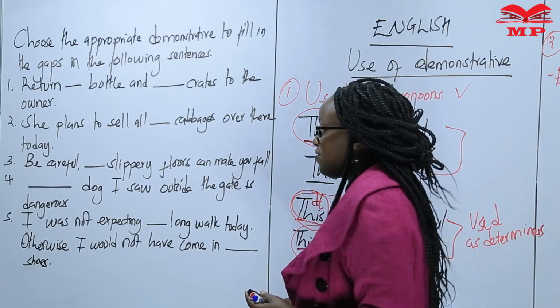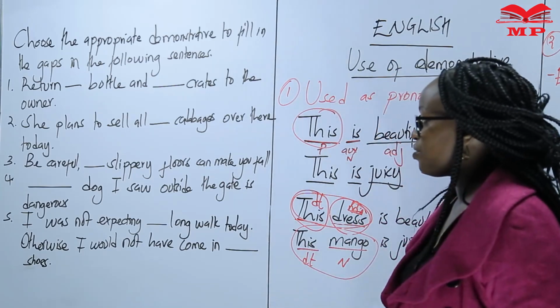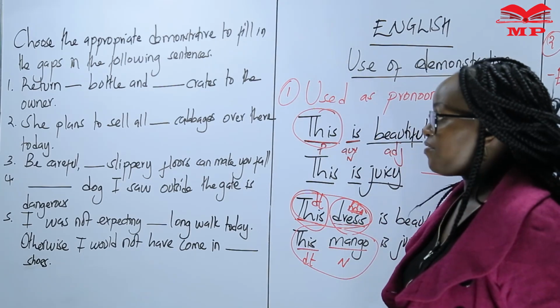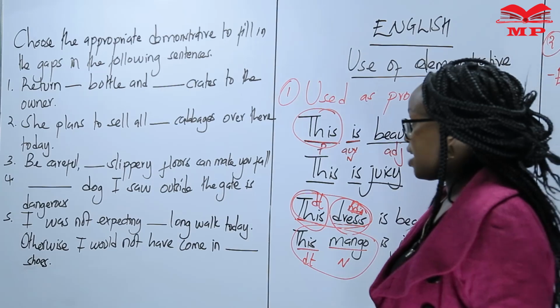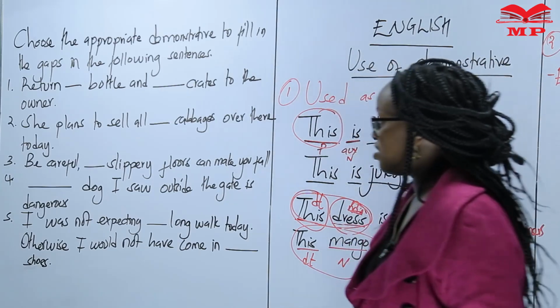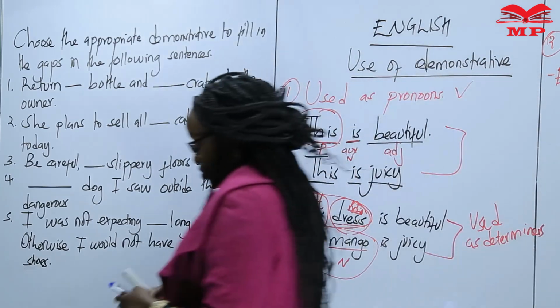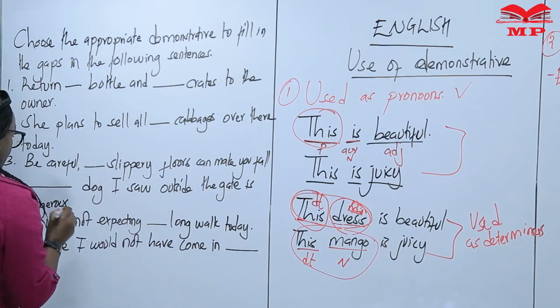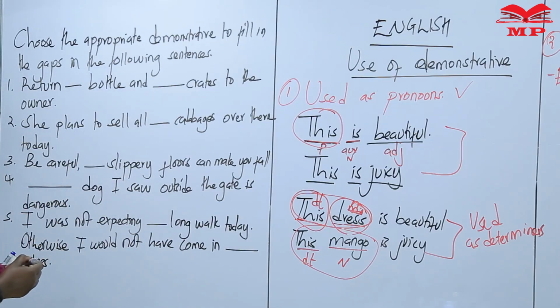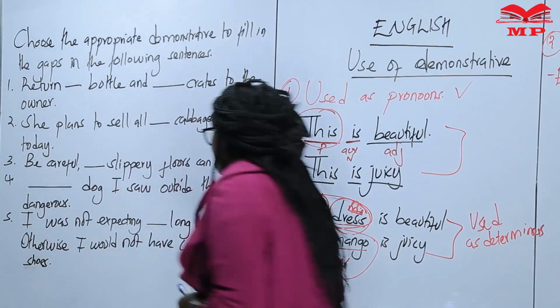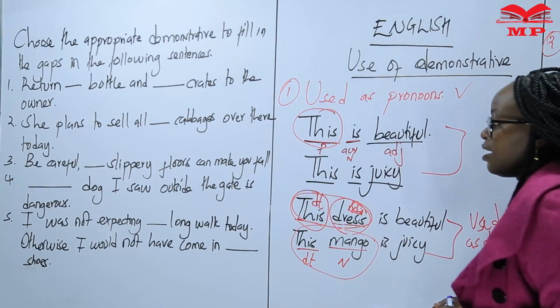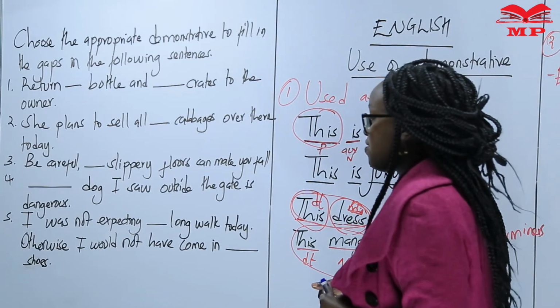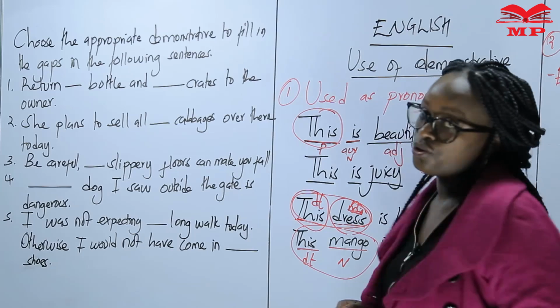Number 3, be careful, dash slippery floors can make you fall. Number 4, dash dog I saw outside the gate is dangerous. I should put a full stop here. And then number 5, I was not expecting dash long walk today. Otherwise, I would not have come in dash shoes.